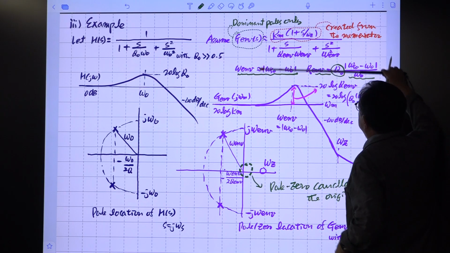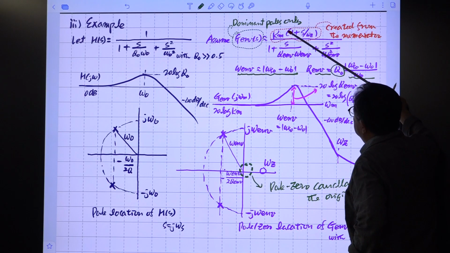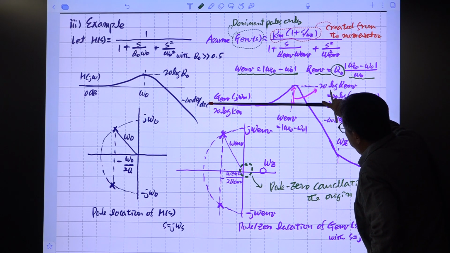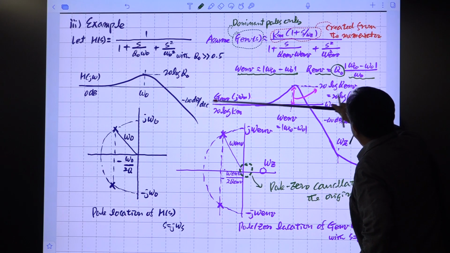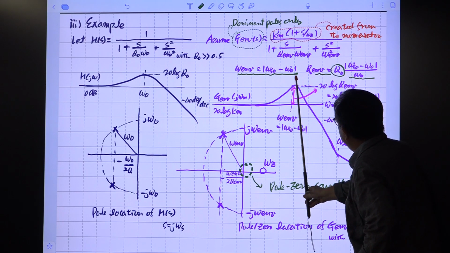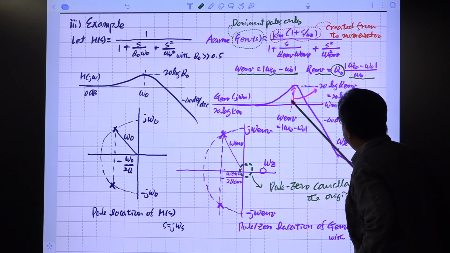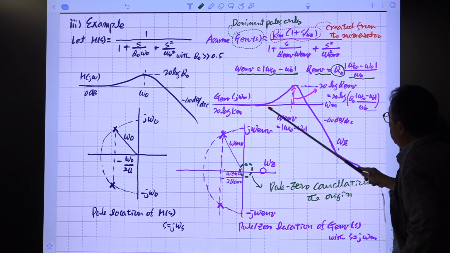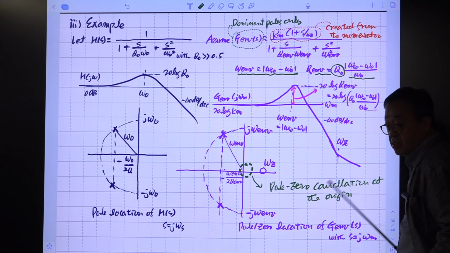So maybe you ignore this, but you cannot ignore this. You have this low frequency asymptote, and at this frequency, omega EnB, you have a double pole, and this Q quality factor is this one, then you get peaking, something like this, right?